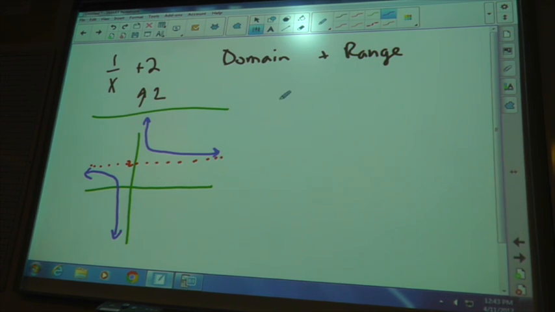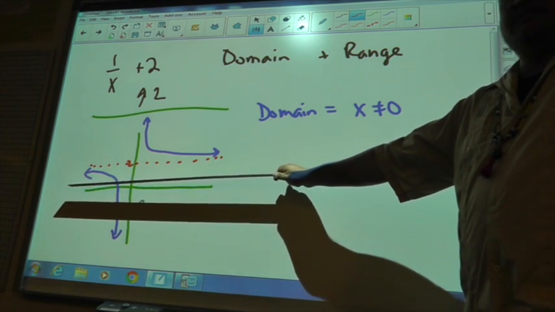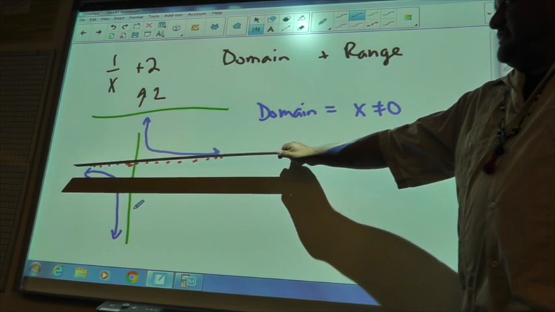Now what's the domain? Well, negative infinity to infinity, and what's the only thing that can go wrong here? It's 0. So I'm just going to put x not equal to 0. Now the range: if I use this ruler here, at 0 it does touch the blue line. Where does it not touch the blue line?